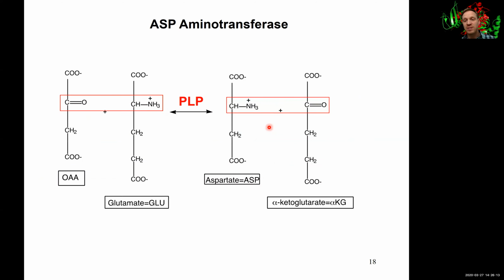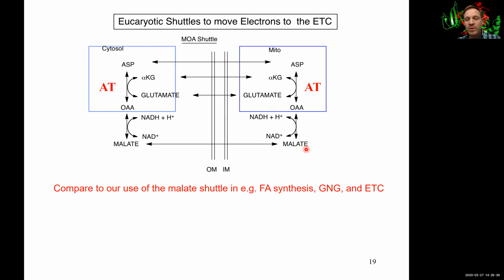We had talked about the malate shuttle already when we talked about fatty acid synthesis, our GNG, as well as our ETC for the purpose of bringing in NADH from glycolysis to the ETC. And the purpose of the malate shuttle was to transfer the electrons from NADH over the membrane of the mitochondria into the cytosol, or vice versa.